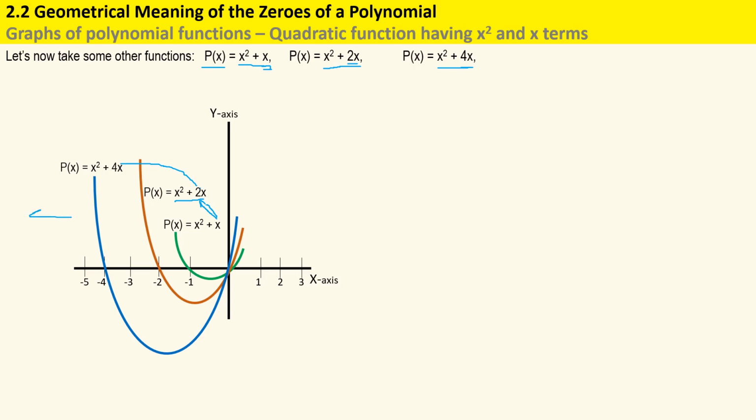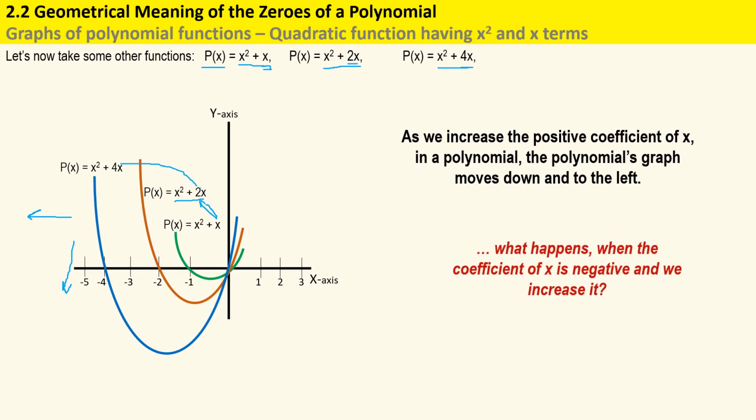So graph is moving towards left, and it is also moving down a little bit. So we can say that as we increase the positive coefficient of x in a polynomial, the polynomial's graph moves downward and to the left. So let's see, if you see from green then brown to blue, the graph is moving left, and it is also moving down a little bit.